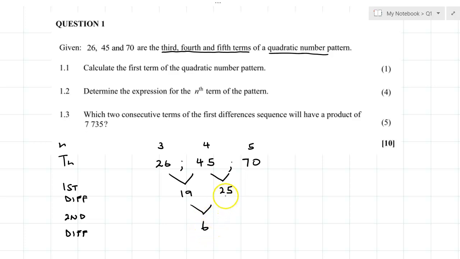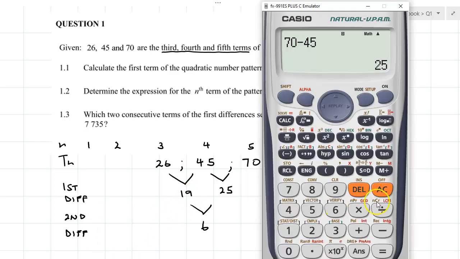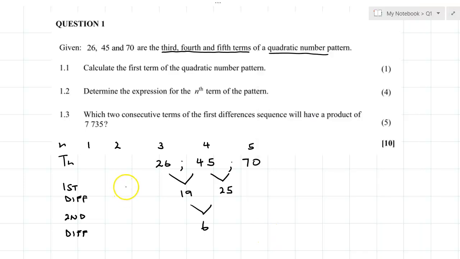If we look carefully now, we can work out what our second term and essentially our first term is going to equal. We can just work backwards. 19 minus 6 equals 13.